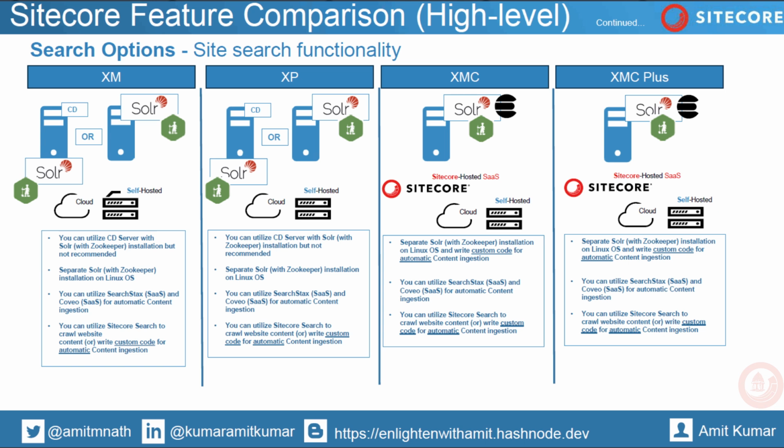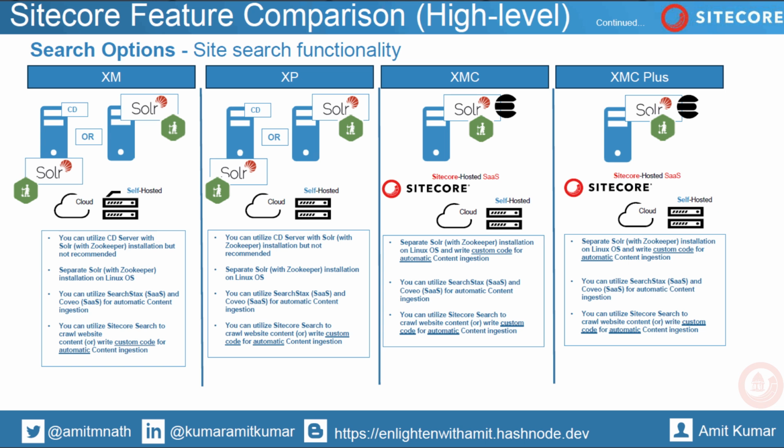The same case applies with XM Cloud and XM Cloud Plus: you need to host your own search provider, or a search hosting provider. Either you can have your own Solr Cloud or Sitecore Search. If you are using Sitecore Search, in those cases you need to go with web crawling. Why?